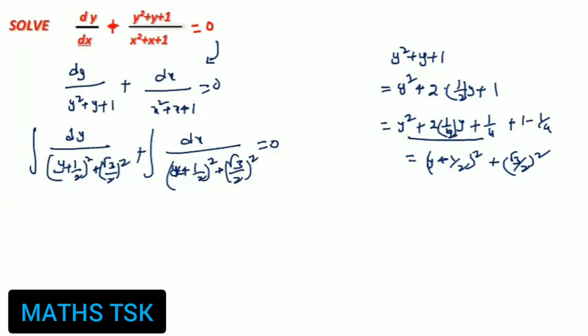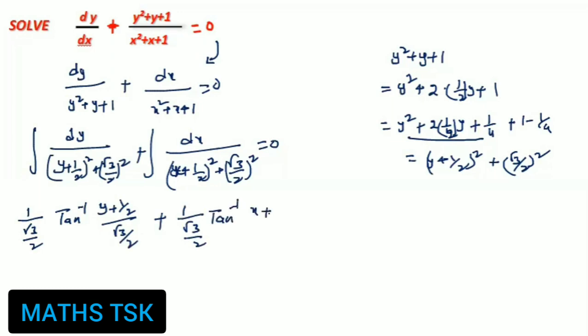This is in the form of 1 by a square plus x square. The formula is 1 by a tan inverse of x by a. Plus 1 by a tan inverse of x by a is equal to some tan inverse of c.